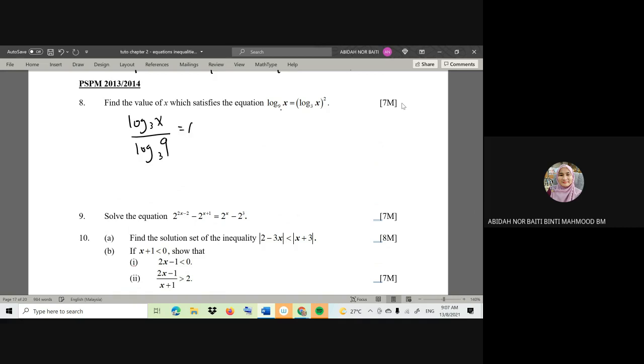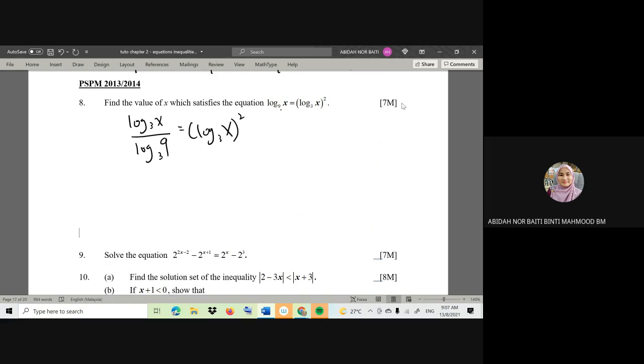Equal log x base 3 square. Ini sama macam soalan tutor kot ya. Okay, 9 is, ni nampak sama kan? Ni ada yang sama. So kita boleh buat let lah. 9 is 3 square lah ya. So log 3 base 3 lah.